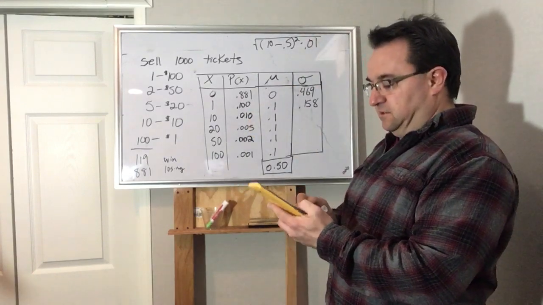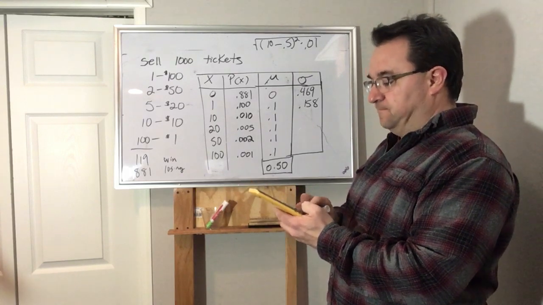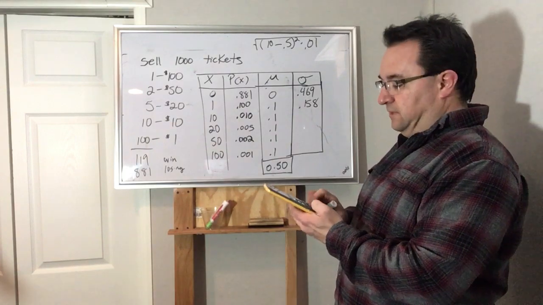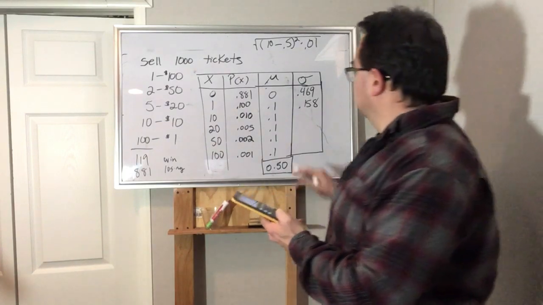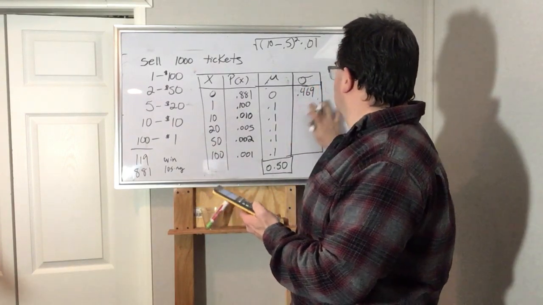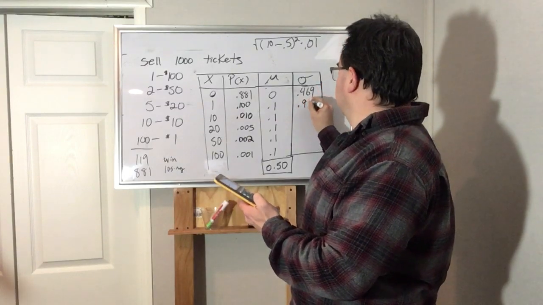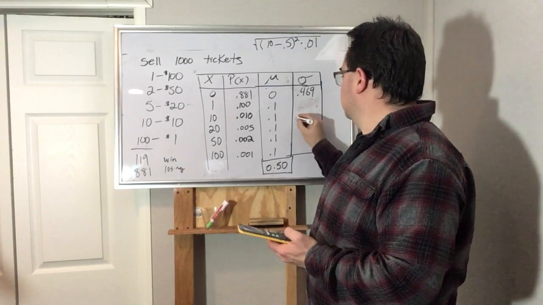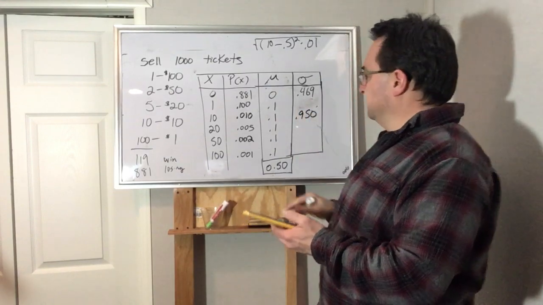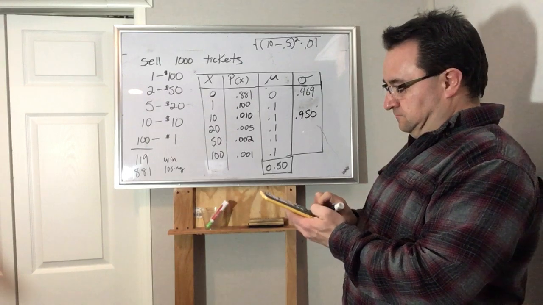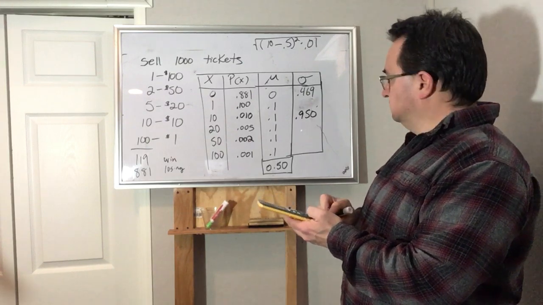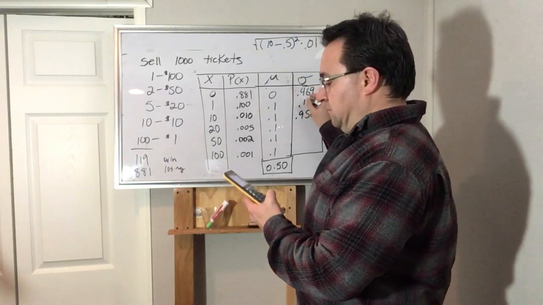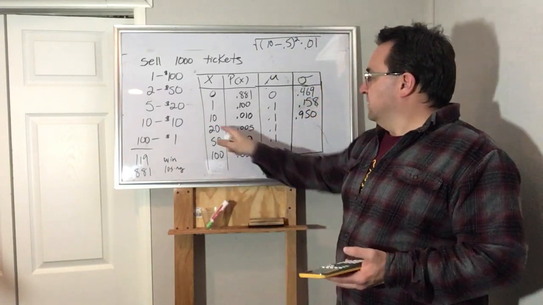Gotta slow it down here. 9.5 squared times 0.01, square root. 0.950. Oh my goodness, I have to recompute. 0.158. Sorry about that.